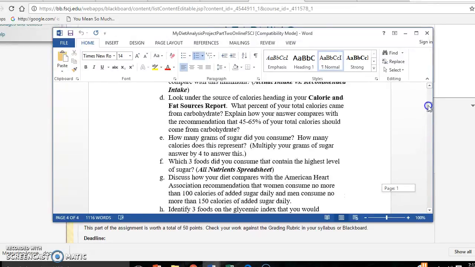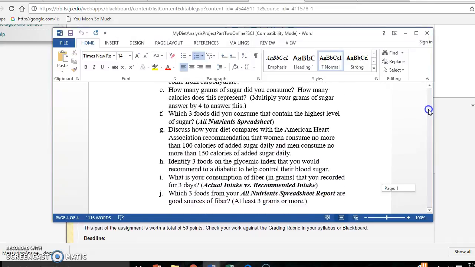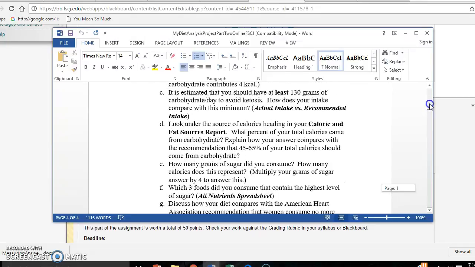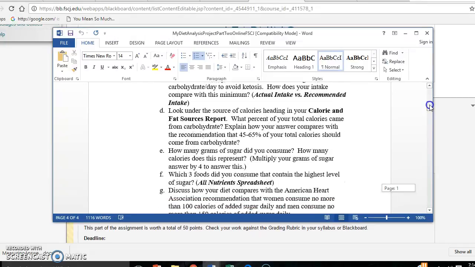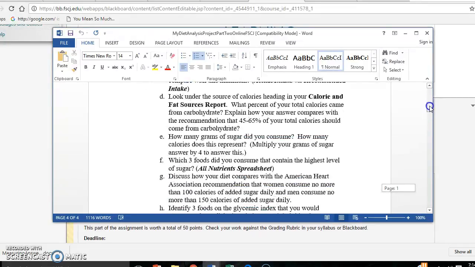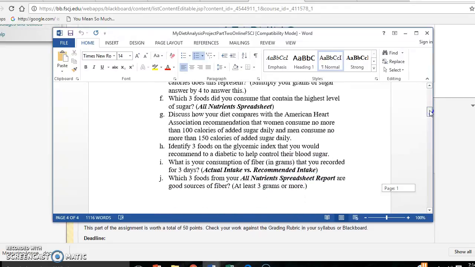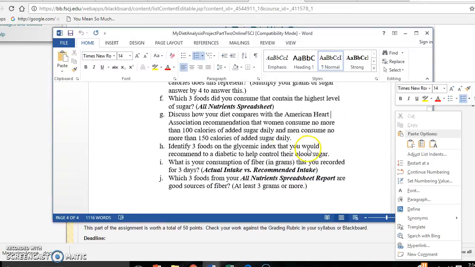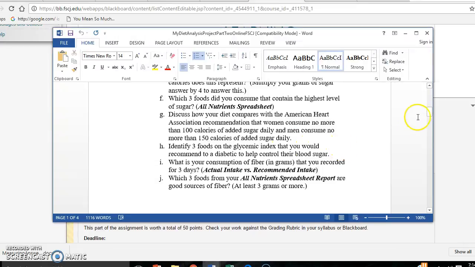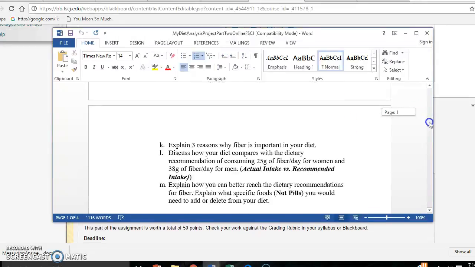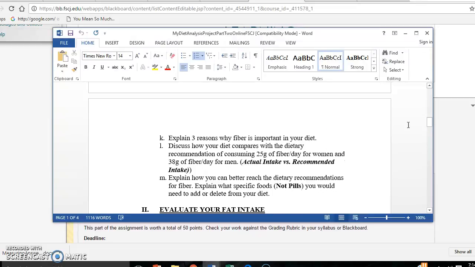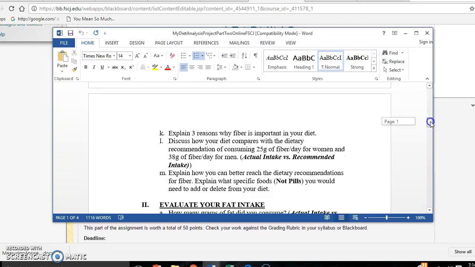In the carbohydrate section, it's asking you something that you will be getting out of your book about diabetes, about the glycemic index, how you can control your blood sugar. That's in chapter 4. Why fiber is important. That's in chapter 4.